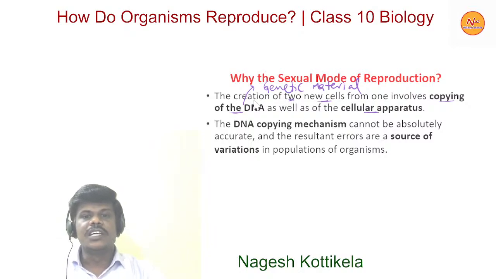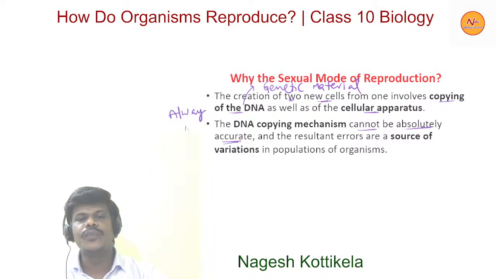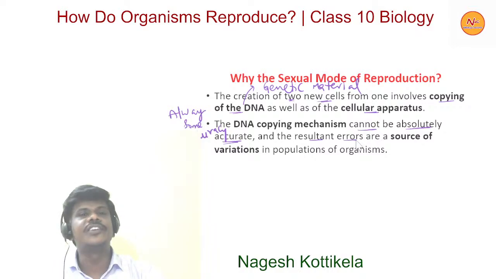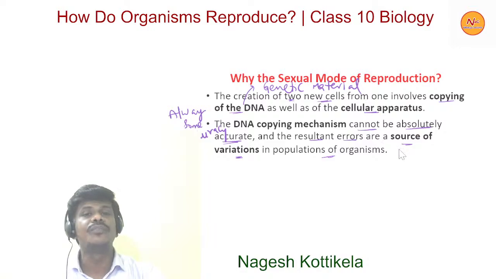Now, the DNA copying mechanisms cannot be absolutely accurate. There is always some inaccuracy during DNA copying, and the resultant errors are the source of variations in populations of organisms.